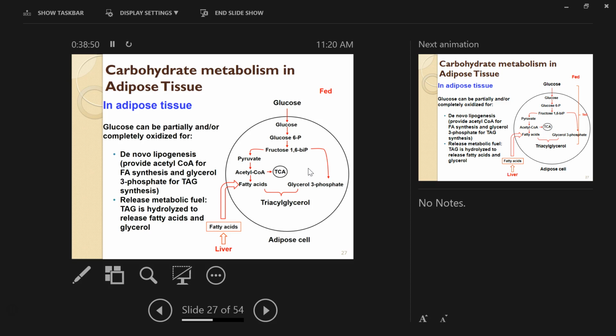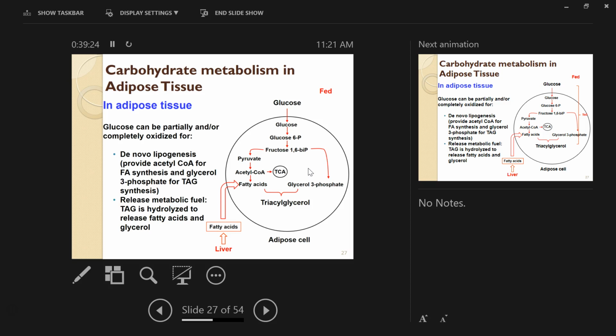So under the fed condition, right, triglyceride is synthesized a lot and stored in the adipose cells. So that will need a lot of glycerol backbone. So glycerol backbone basically is synthesized from glycolytic pathway, right? I just wanted to mention that this pathway for fatty acid synthesis is active, but it is not that active compared to liver.